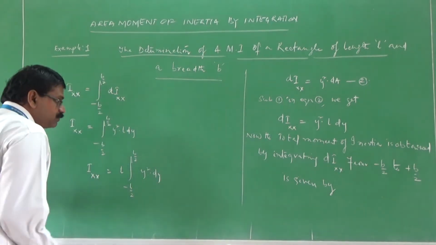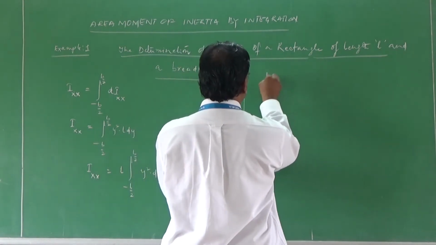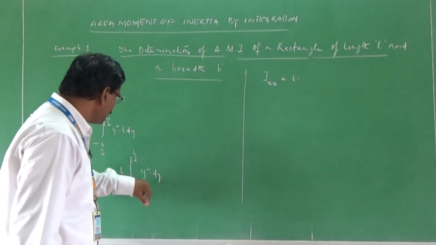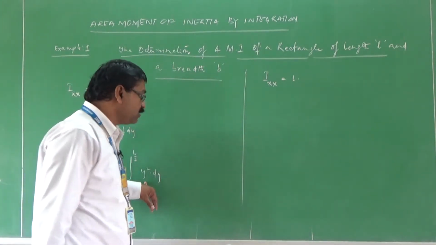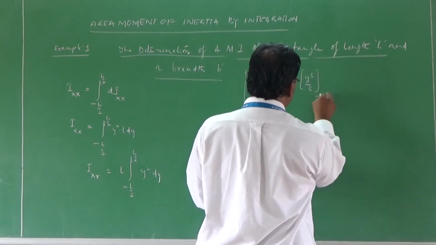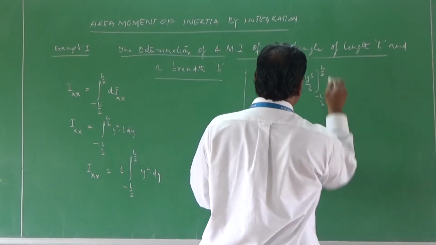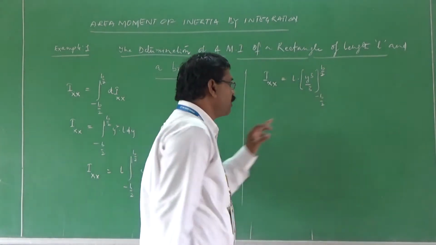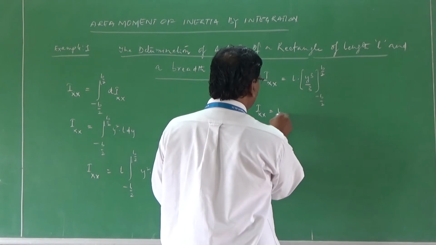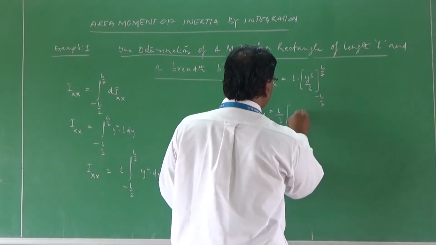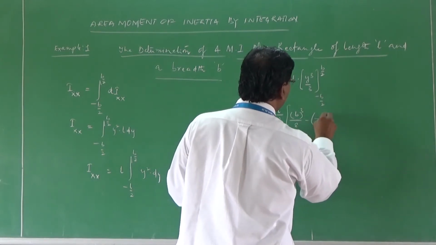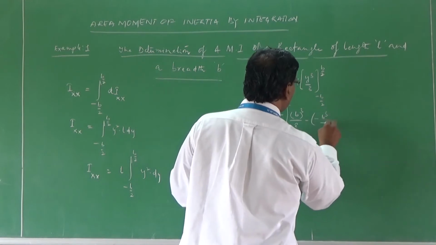After simplifying this, Ixx is equal to L into integral of y square, which is nothing but y cube by 3, between the limits minus b by 2 to plus b by 2. Now, substituting the upper limit and the lower limit, Ixx is equal to L by 3 into b cube by 8 minus of minus b cube by 8.